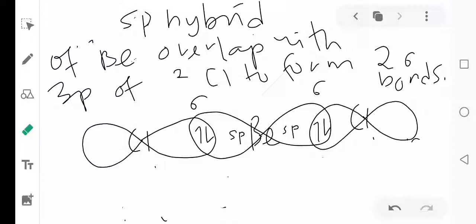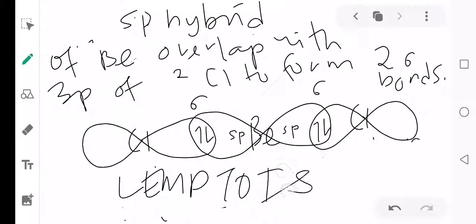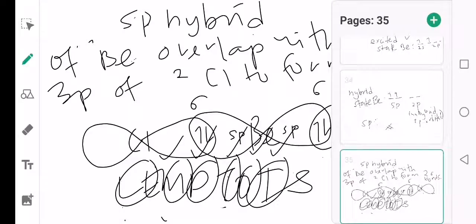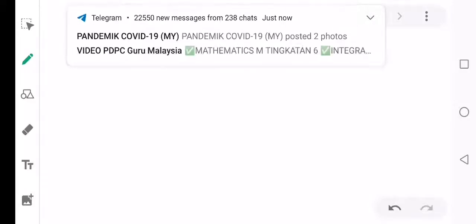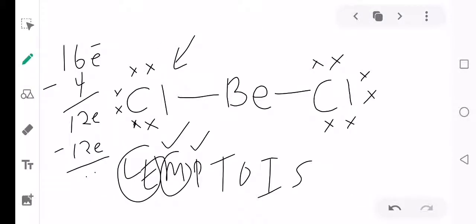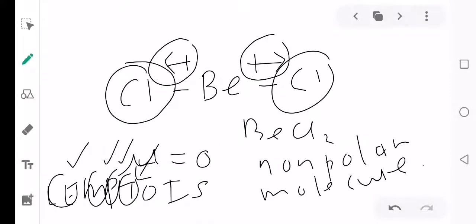Alright, and then Lewis structure done, molecular geometry done, polarity done, type of hybrid done, orbital overlapping done, and then next is intermolecular forces. Earlier we already know that the polarity of this one is a non-polar molecule, right?